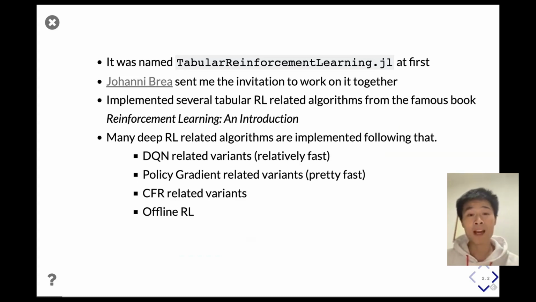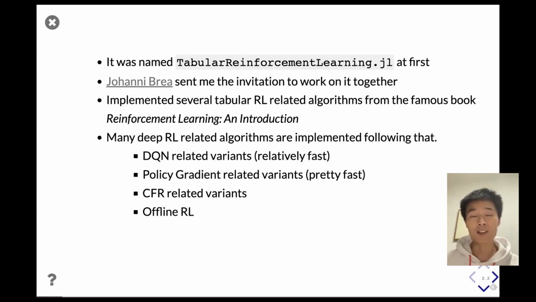After that, I implemented several tabular reinforcement learning algorithms from the famous book, Reinforcement Learning: An Introduction, second edition. Then we added many deep reinforcement learning algorithms like DQN and many policy gradient variants. We have also added counterfactual regret related variants. And lastly, we have one student working on offline reinforcement learning.